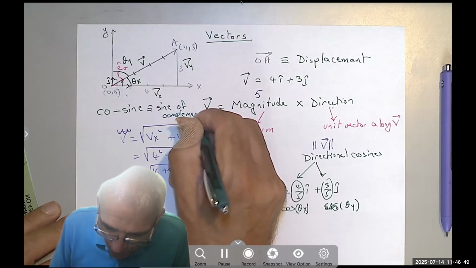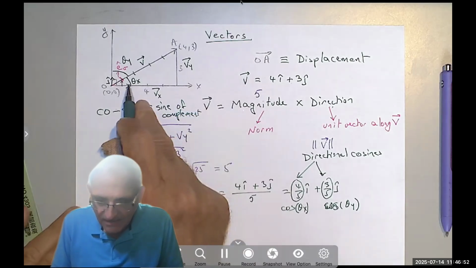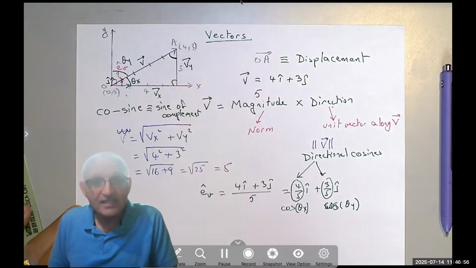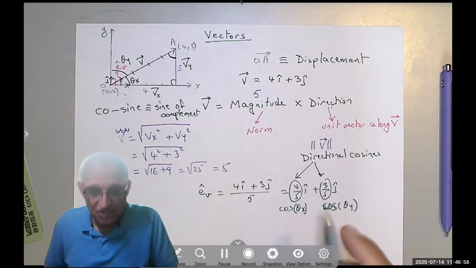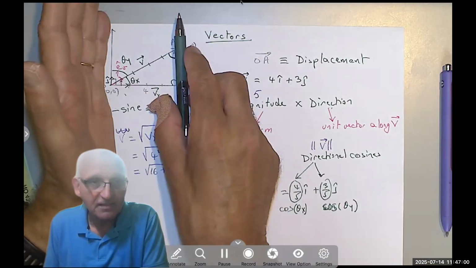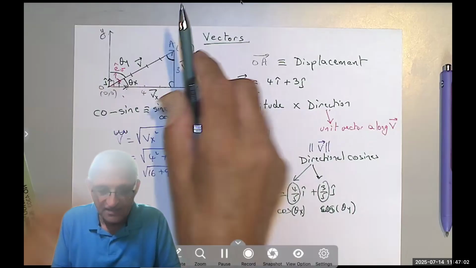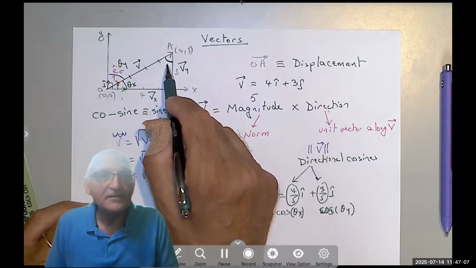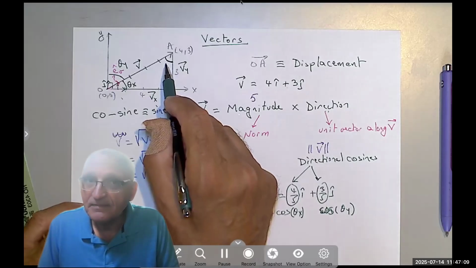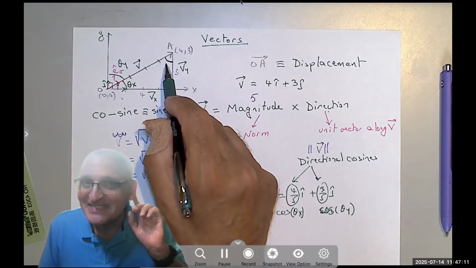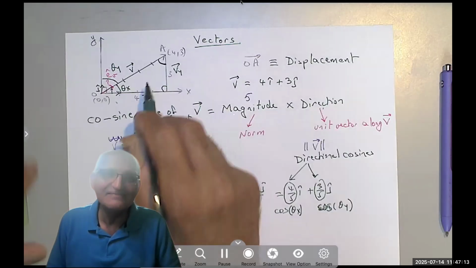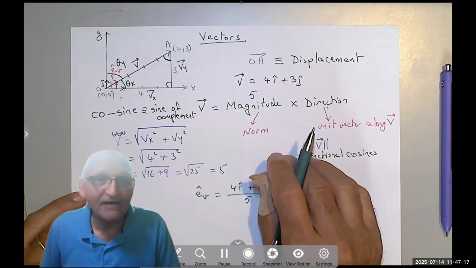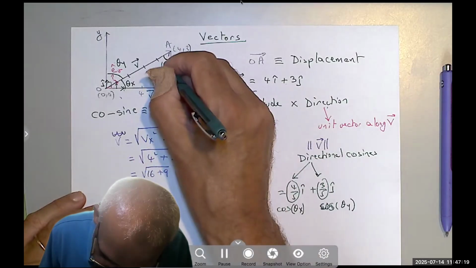What is the complement of this angle? If this is 90, then the complement is that. And by basic geometry, these two lines are parallel because this line is parallel to the y-axis. So these two angles are what? I'm waiting for you to say. Hmm. Alternate interior. So they have to be equal. So this angle is theta sub y.